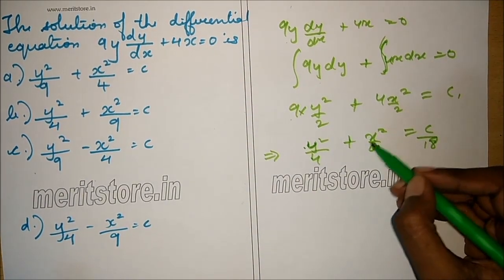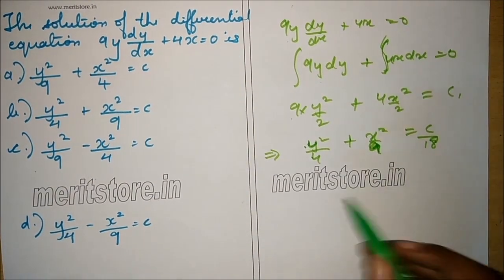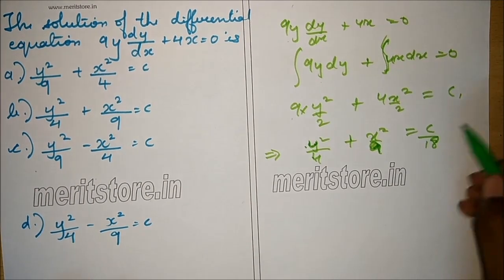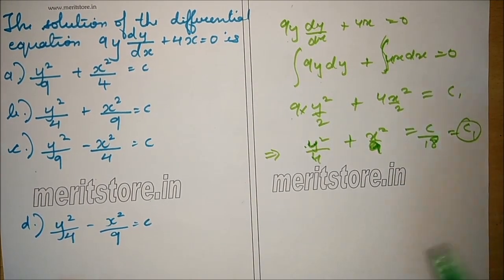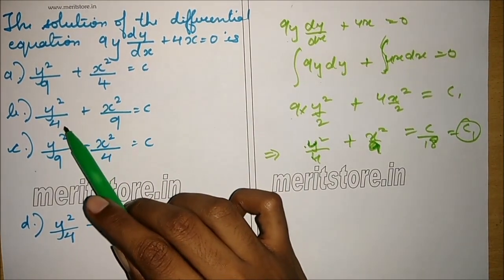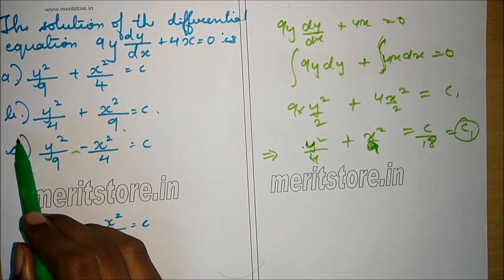That is, we divided throughout by the LCM. So we got y square by 4 plus x square by 9 is equal to c by 18, which is equal to c1, a constant, let's say. So from the options we can say it is y square by 4 plus x square by 9 is equal to c, which is option B.